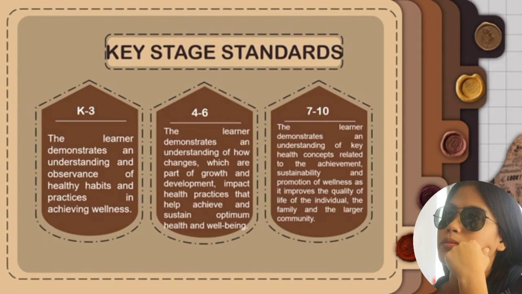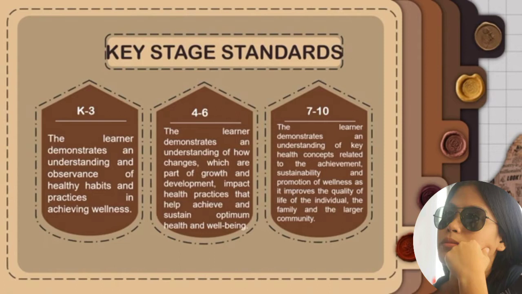In grade 7 to grade 10, the learner demonstrates an understanding of key health concepts related to the achievement, sustainability, and the promotion of wellness as it improves the quality of life of the individual, the family, and the larger community.